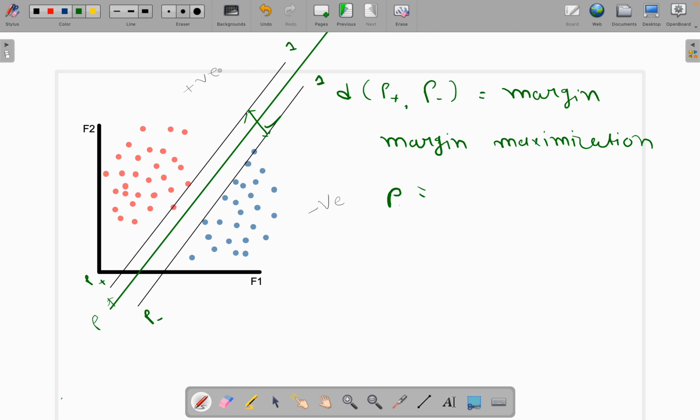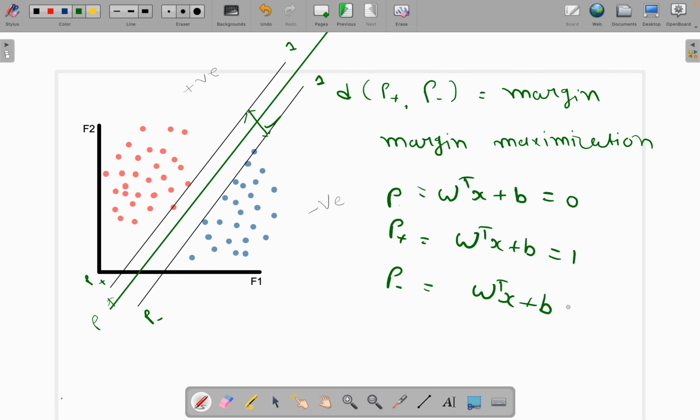Let's say this P is W transpose X plus B equal to 0, then my P plus will be W transpose X plus B equal to 1, and P minus will be W transpose X plus B equal to minus 1. Because my normal vector W is in this direction, this W is perpendicular to both planes P minus and P plus. So whatever is in this direction would be positive and whatever is in the other direction would be negative.